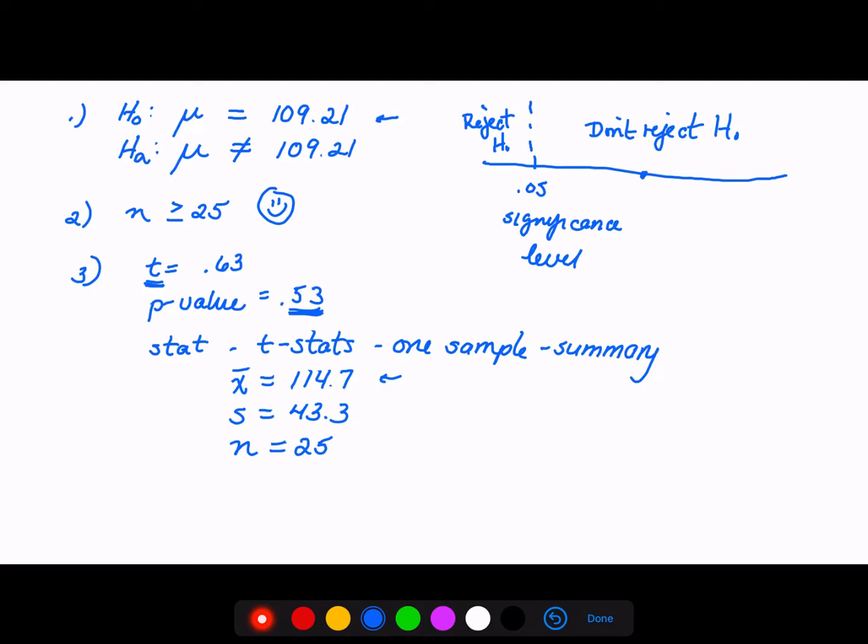And so since we're not rejecting our null hypothesis, our conclusion is going to be there's not enough evidence to conclude ticket prices have changed.